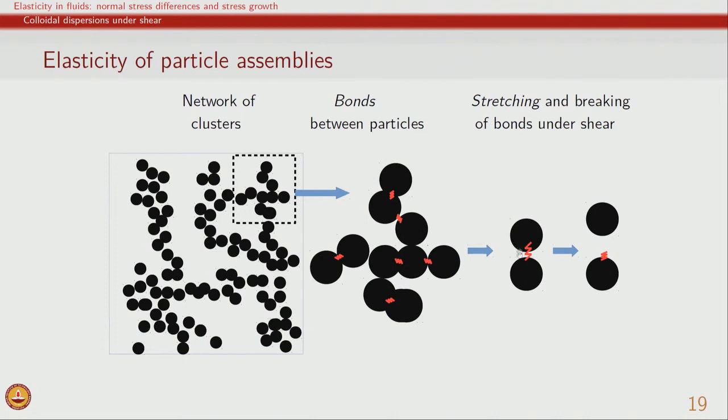So, if we deform only to some extent and do not apply large deformation, there is a chance that the particles will come closer again, and therefore the network of clusters that was observed will be back there.